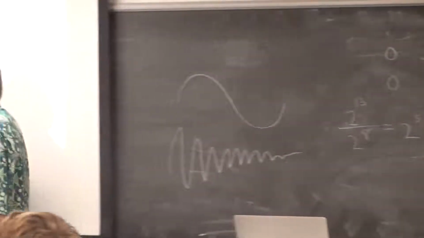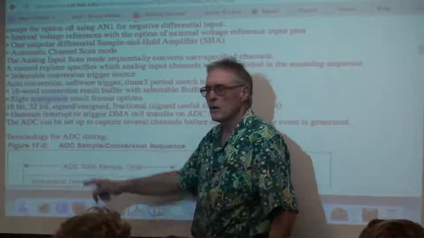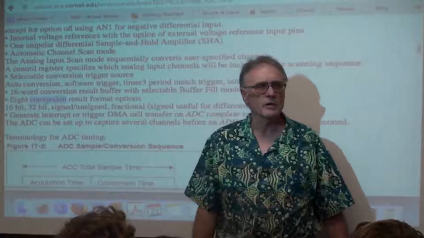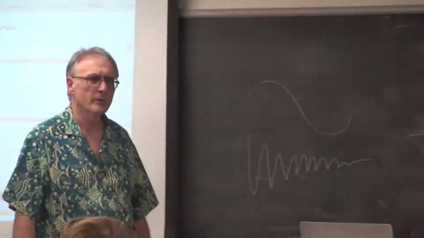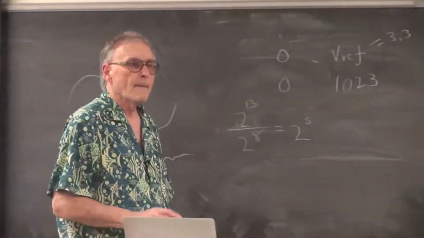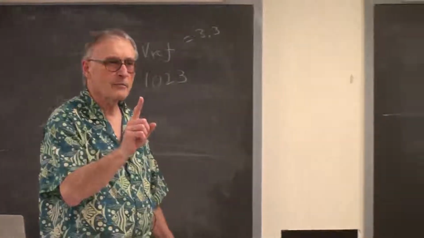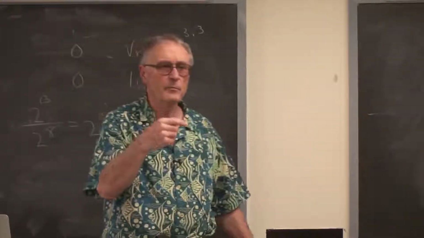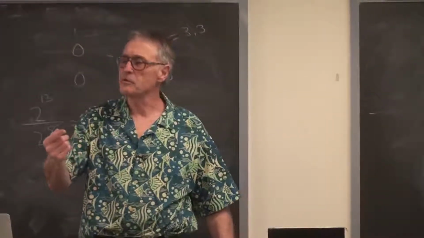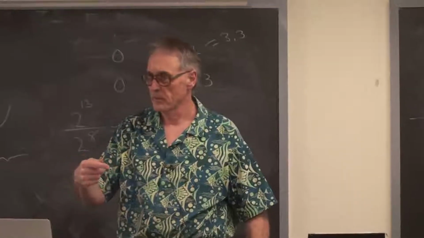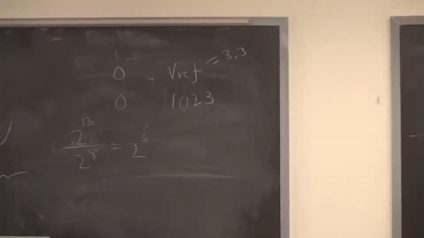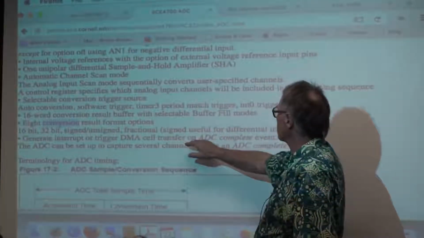You can output it as signed or unsigned. Why in the world would you want a signed output? Remember that differential amplifier? If the negative input is bigger than the positive input, you'd get a negative output. So the signed option is necessary for differential input.